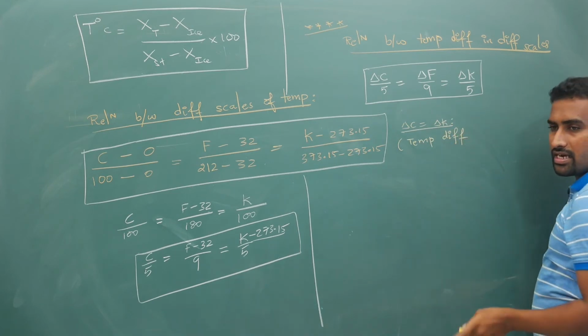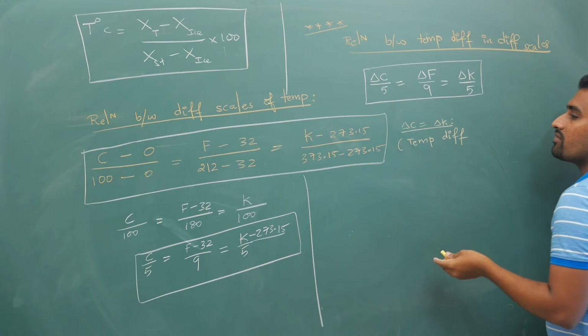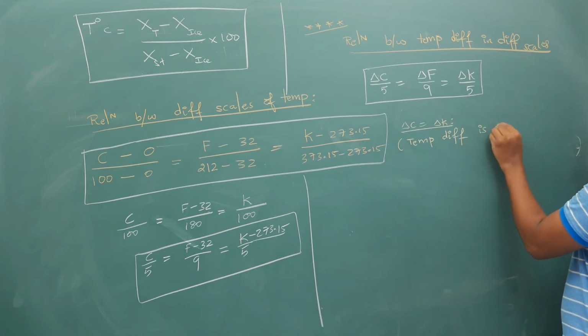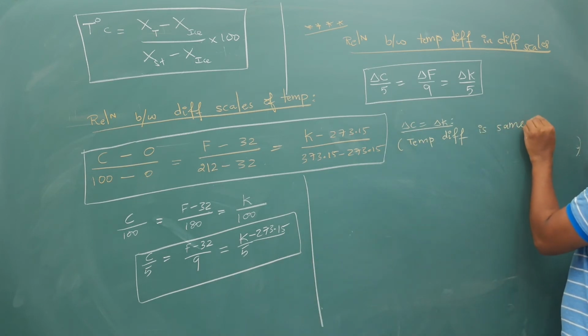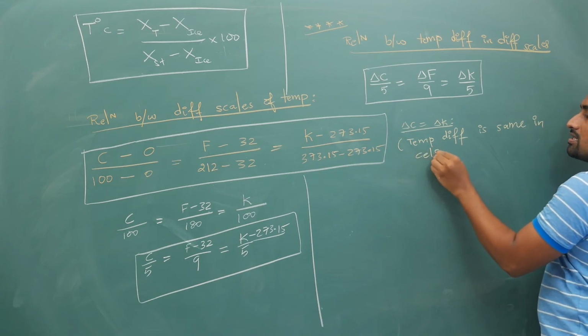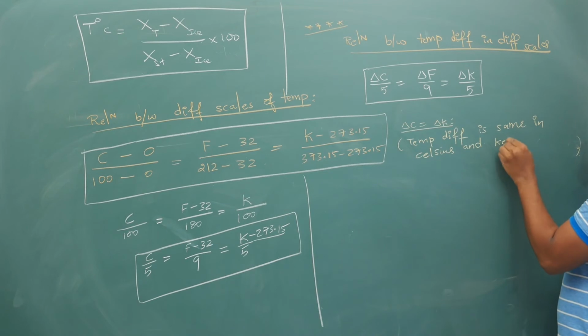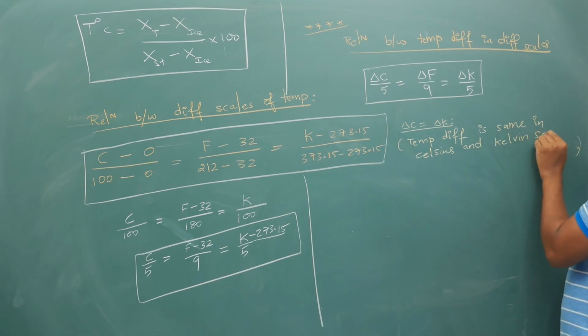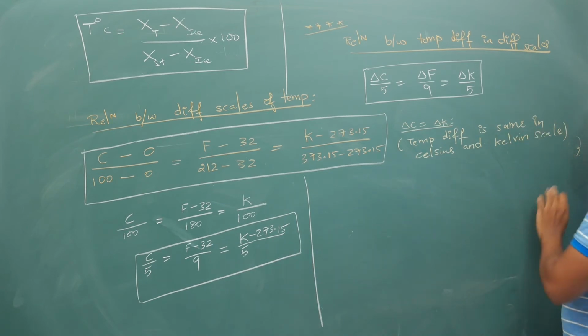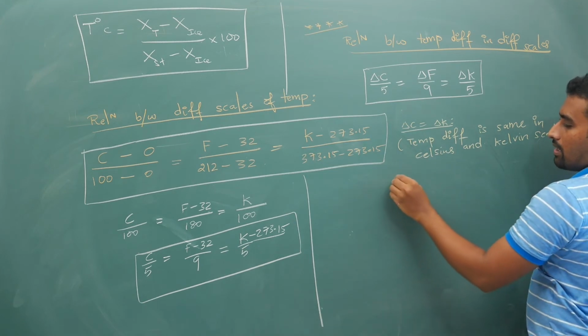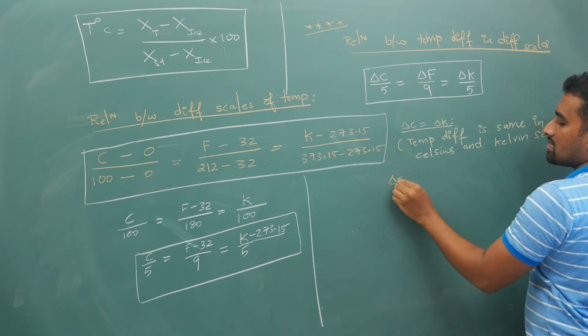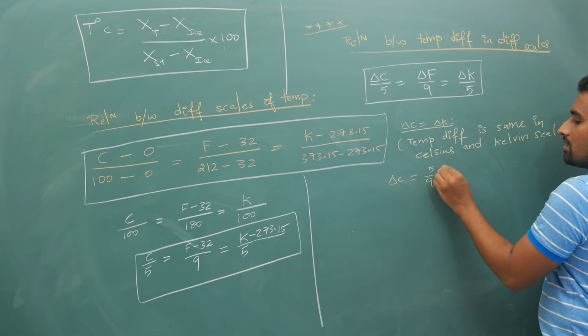I am not saying the temperature is the same, I am talking of temperature difference. And delta C is 5 by 9 of delta F.